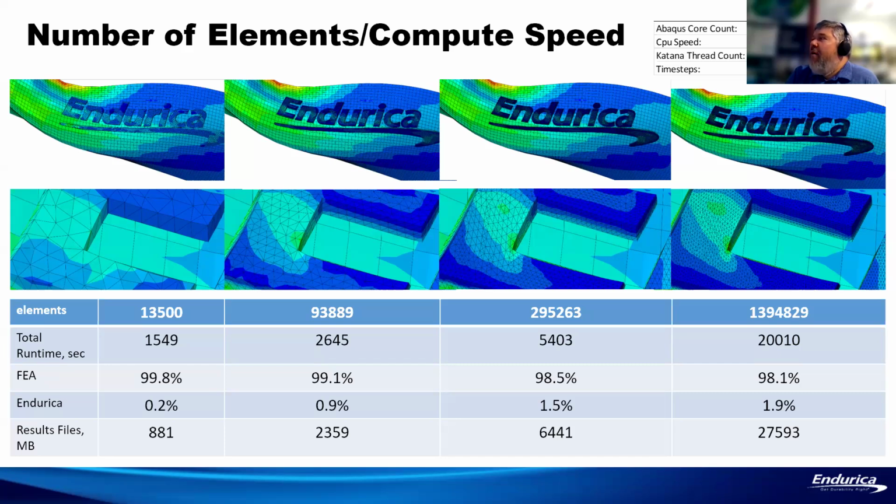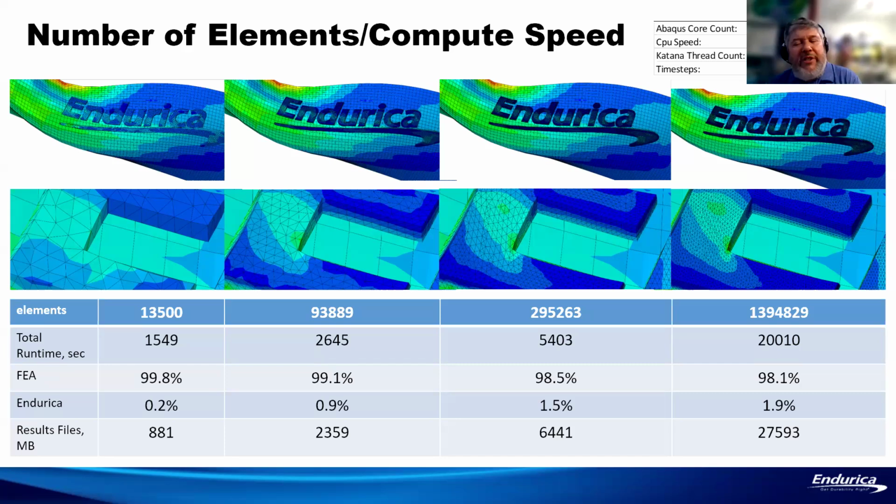Now this is running in a multi-threading situation, with 48 threads for the Endurica solver. The Endurica solver is multi-threaded, meaning that you can run it single-threaded, or you can distribute your job across all the different cores on your machine.